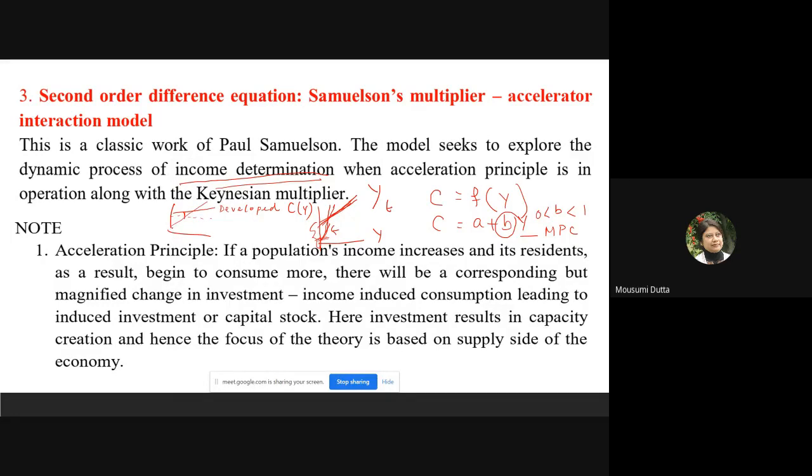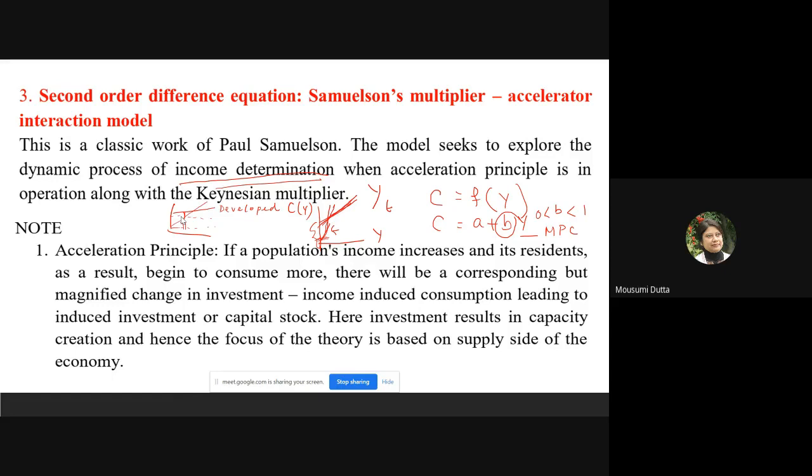Now, this is the graph where the slope is relatively very high. That means this curve is also positively sloped. However, it is a very steep positively sloped curve. That means dC by dY is very, very high.